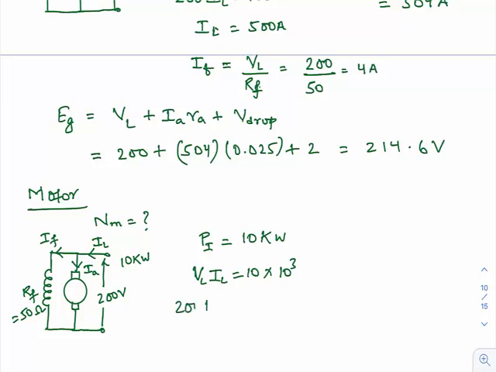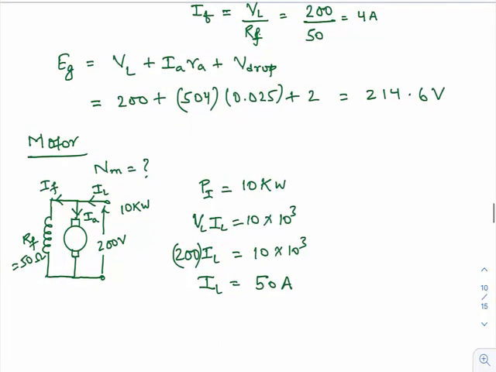VL is 200 volt. The grid voltage remains same, but the input power that is taken is less. So IL I have to find from here, and this is 10 into 10 to the power 3. So IL would come out to be 50 ampere from here. 50 ampere, right?